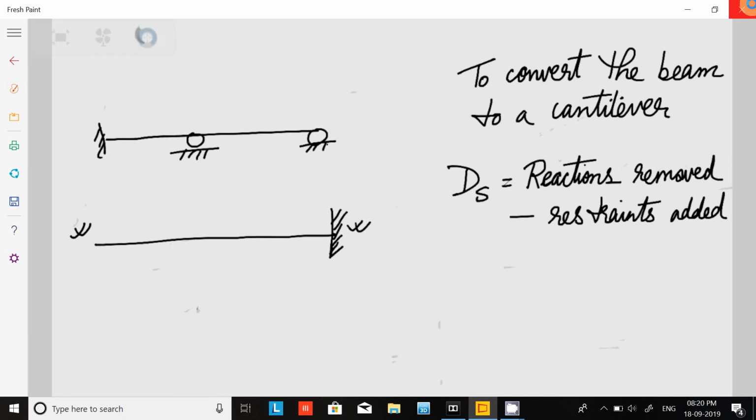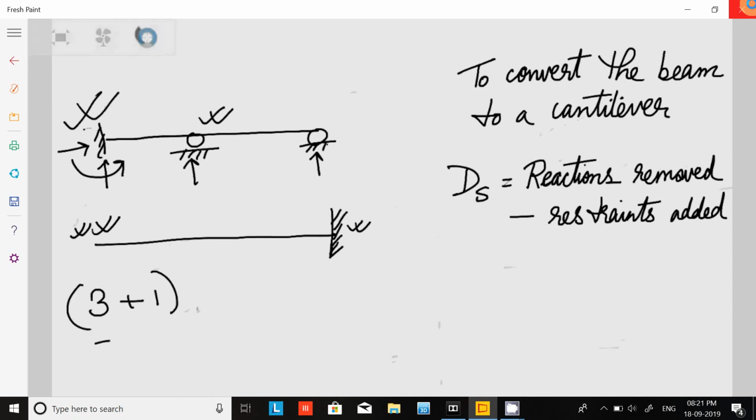This also gives us the same answer. You see, this is giving three reactions, this is giving one, this is giving one. Now we have to remove this part, because this part is open. So ultimately three reactions we have to remove. Again here also we have to remove one reaction, that means plus one. Total reactions removed is 4.